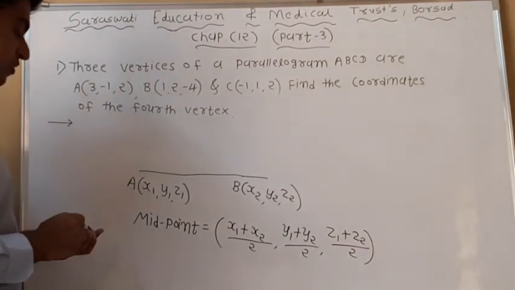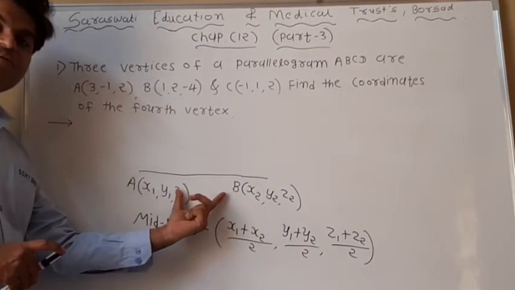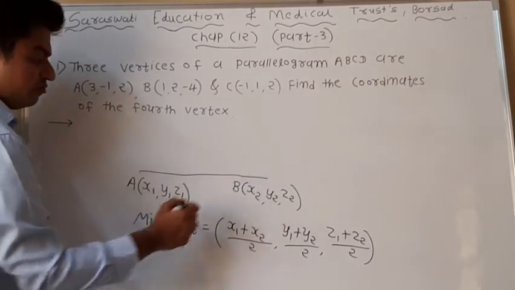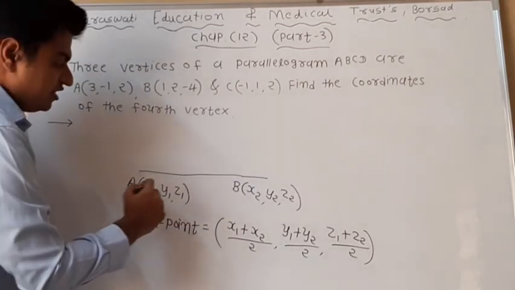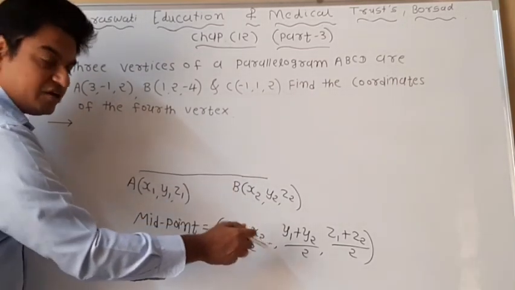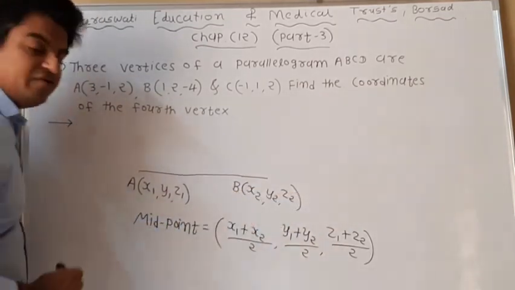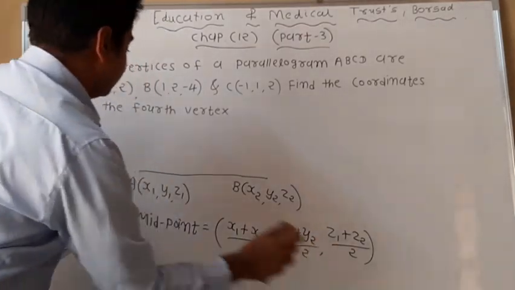Clear? Here two points, A and B, are given, and we find the midpoint between both these points. So add the x coordinates divided by 2, the y coordinates divided by 2 and the z coordinates divided by 2. Okay, now let us discuss one example.